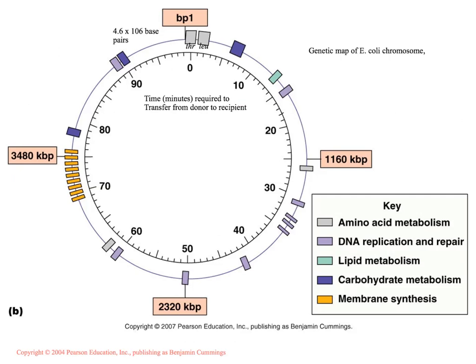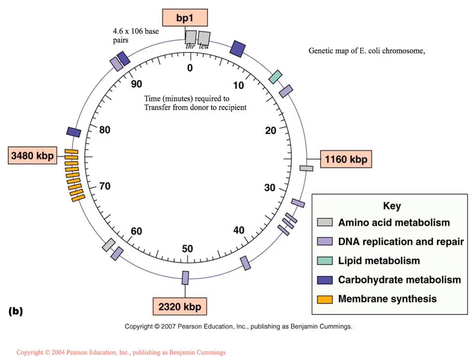Okay, so the process of conjugation is very, very useful for us because conjugation allows us to map the location of genes on a bacterial chromosome. So what we do is a researcher would allow conjugation to take place for 1 minute. And after 1 minute, the conjugation is disrupted.